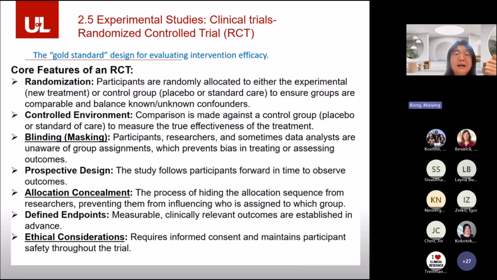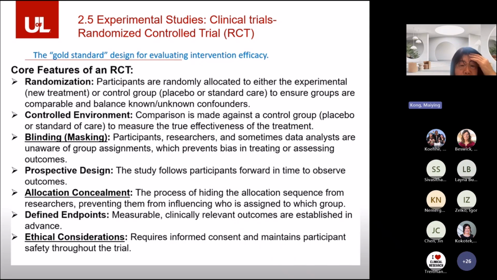In phase 1, we do not involve randomization. Phase 2, later phase 2B and phase 3, we compare with the standard placebo or standard treatment, which do involve randomized controlled trials.